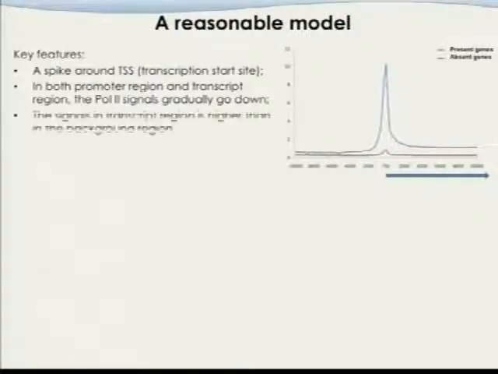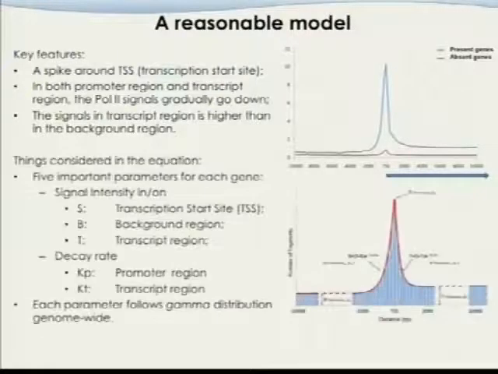This is dropping. And we also see that in the transcript region, the signal is higher than in the background region. Again, nothing surprising. We just want to look at this in a little more detail. That can help us to design some graphical models to model this whole shape.